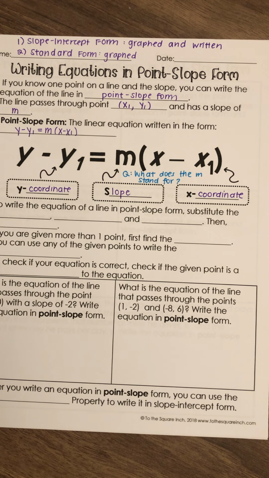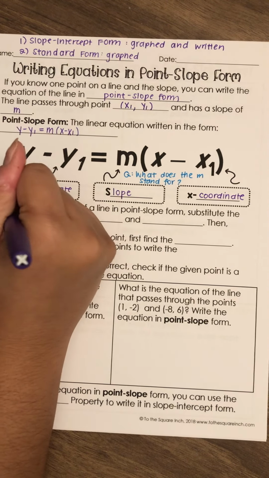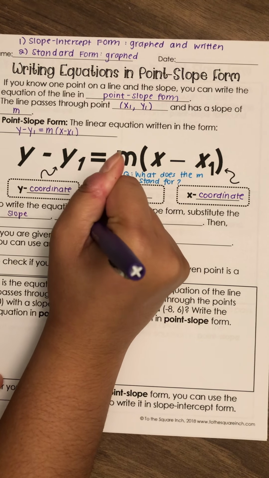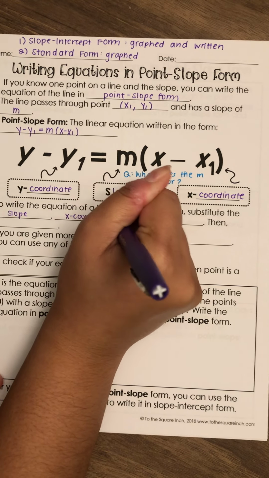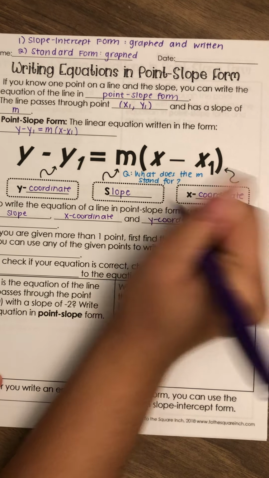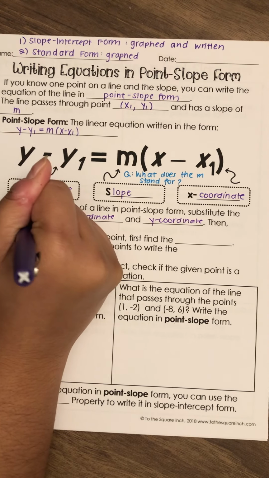So M for moves. So to write the equation of a line in point slope form, substitute the slope, the x coordinate, and y coordinate, then simplify.